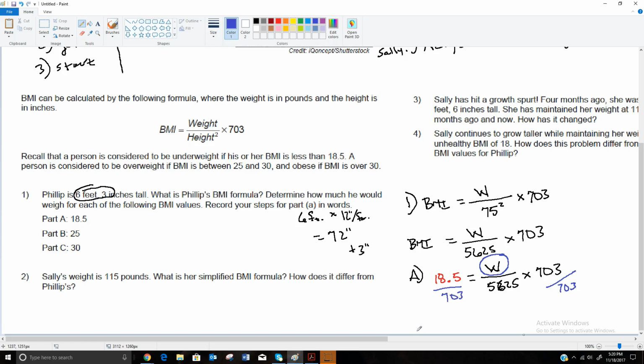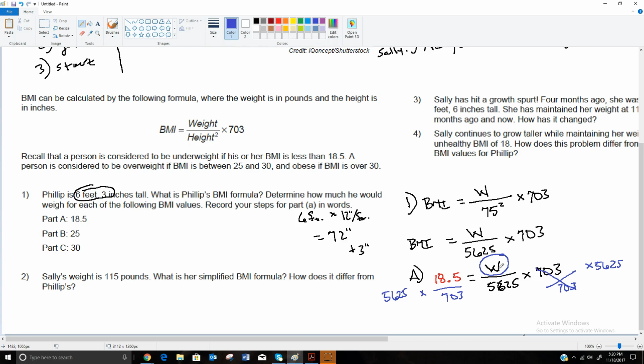That'll cancel this. And then to undo this division of 5625, I'm going to multiply by 5625. So I need to take this side and divide by 703 because we multiplied by 703 here.